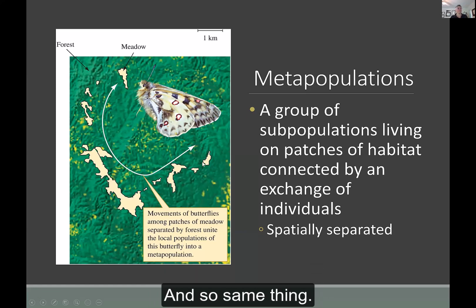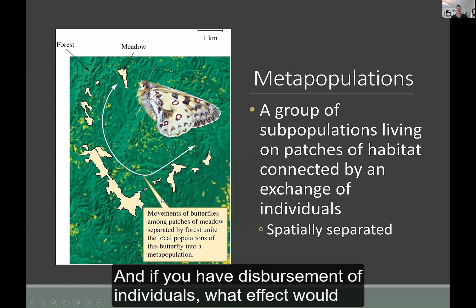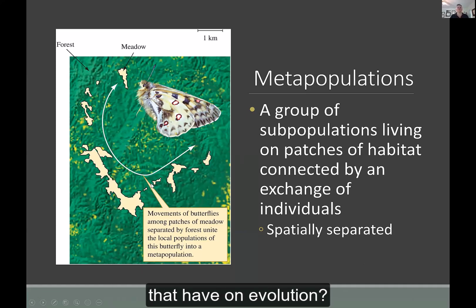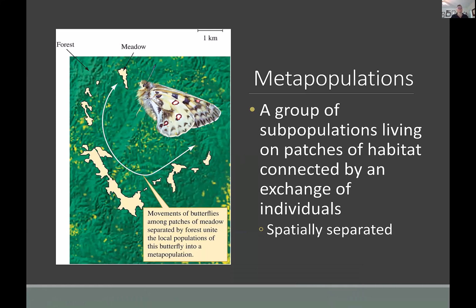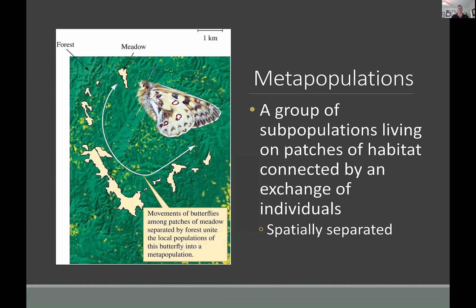So you have a couple of individuals that will disperse. If you have dispersal of individuals, what effect would that have on evolution? Is genetic material being passed in metapopulations?